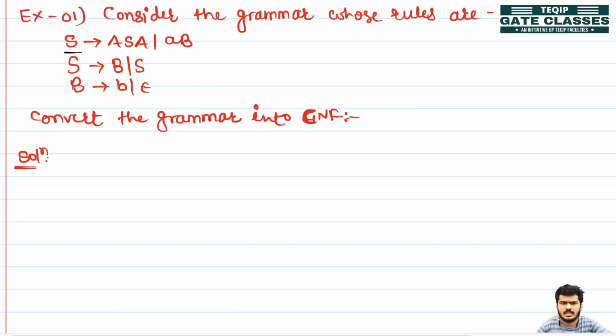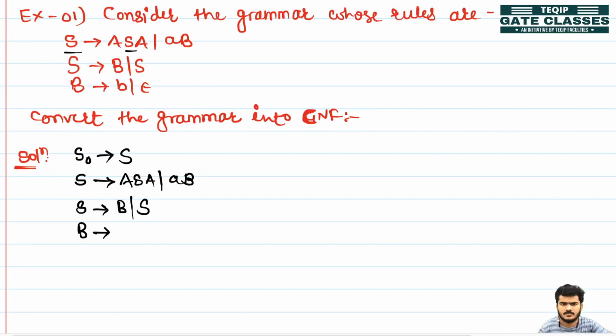S is the start symbol, and in the very first production S already occurs on the right-hand side. So we rewrite by creating a new production, S0 produces S, and all other productions are as they are. S produces ASA or aB, S also produces B, and B produces b or epsilon. This is according to step number one.